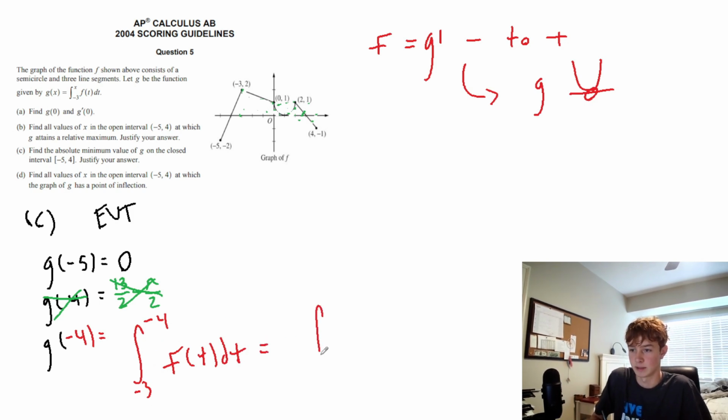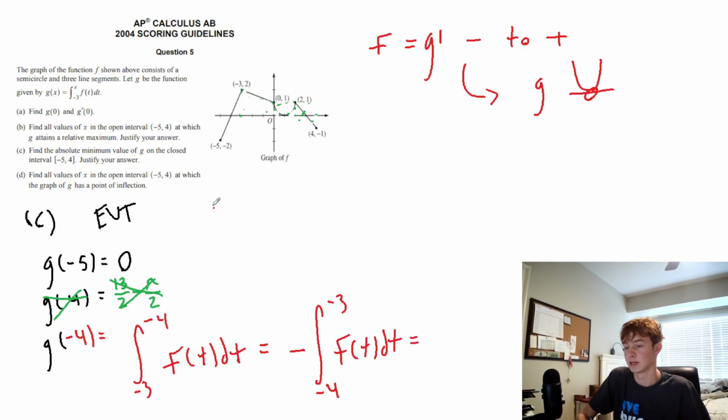So we're going to flip it and make it -4 to -3, and then make it negative f of t dt again. Now that is equal to the area under the curve from -4 to -3. It's just one little triangle. 1 times 3 over 2 is just 3 over 2, but remember it's negative. So -3 over 2 is our final value.